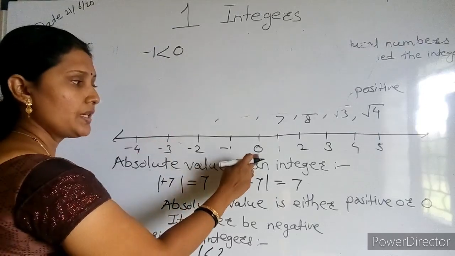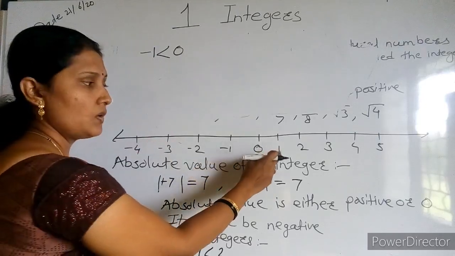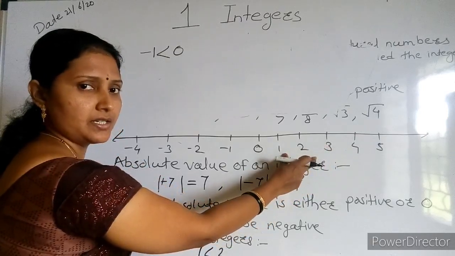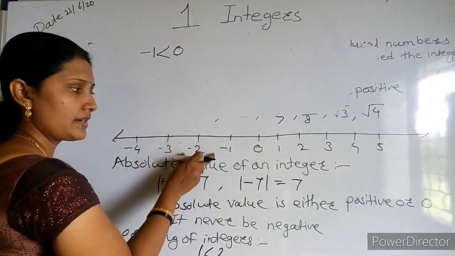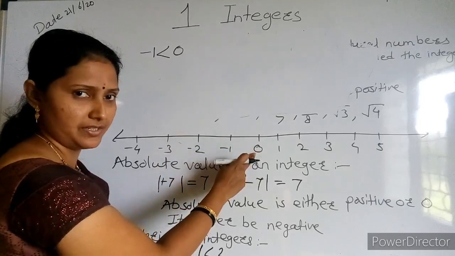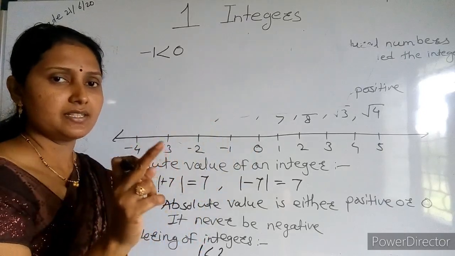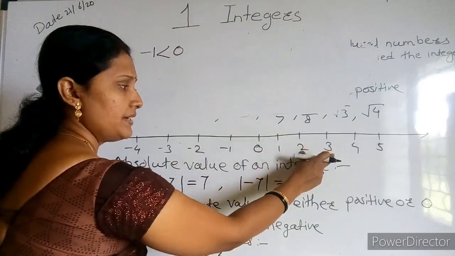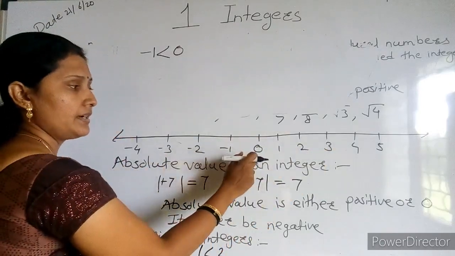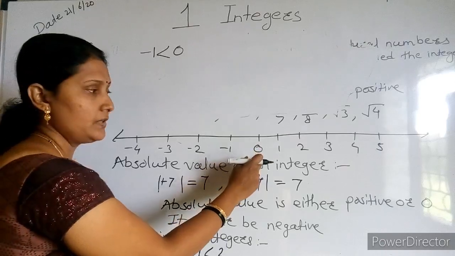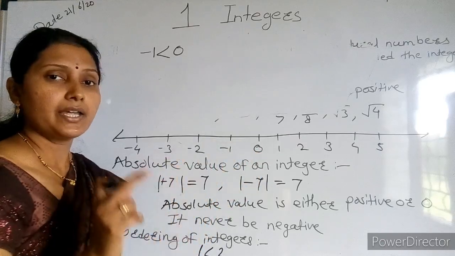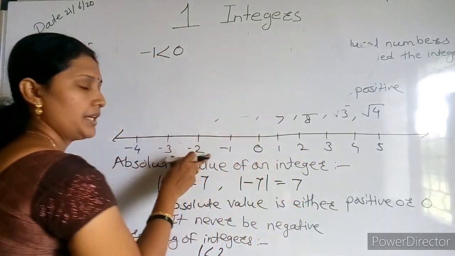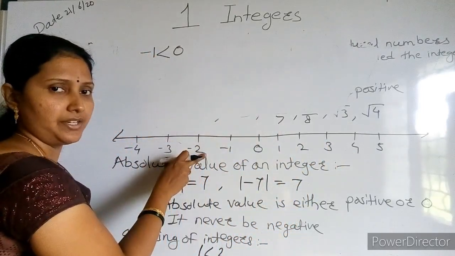So 0 is less than every positive integer, but it is greater than every negative integer. Keep this in mind very clearly. Once again, 0 is less than the positive integers but greater than the negative integers, and every positive integer is greater than every negative integer.